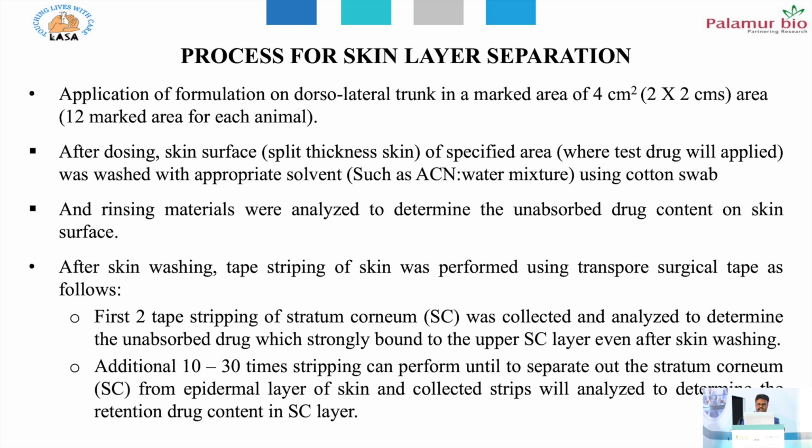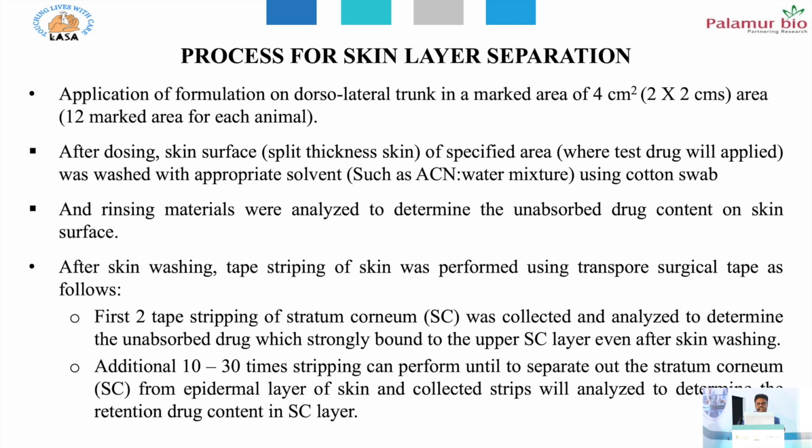After dosing, you will apply the appropriate solvent, like an ACN water mixture, and then rinse off the unabsorbed drug on the skin. After the skin washing, you will do the tape stripping, and it is a very important step. The first 2 strippings comprise the stratum corneum.